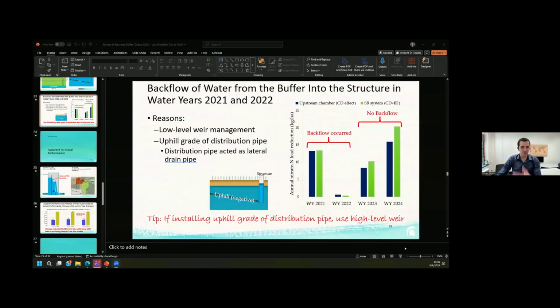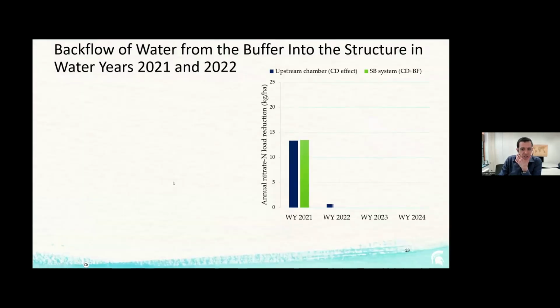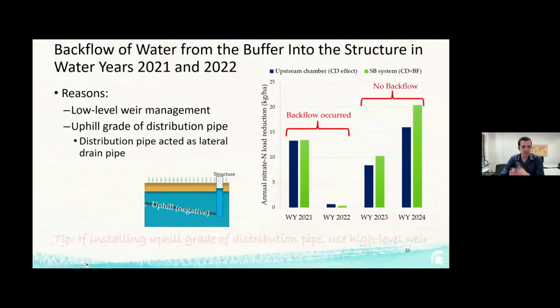So if you remember, let's click forward. Yep. So this graph at the bottom here. The reason is, in a conventional tile drainage system, how do we put a tile in? We put it at a positive grade, so it drains water and moves water away. Just think of it as a tile drainage system, not so much a saturated buffer for now.